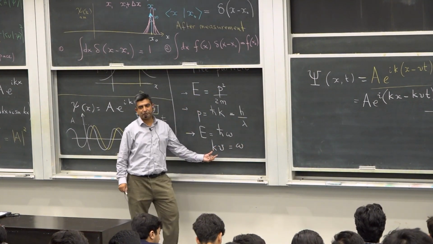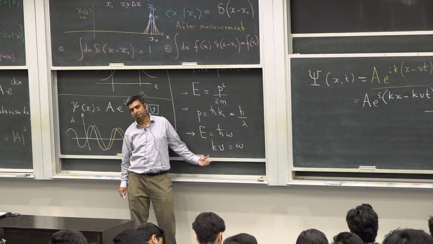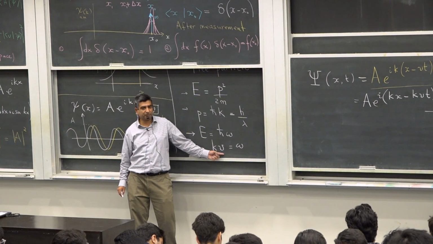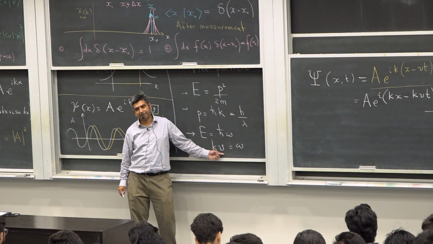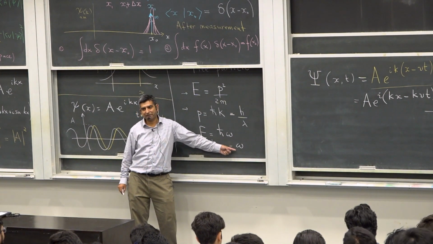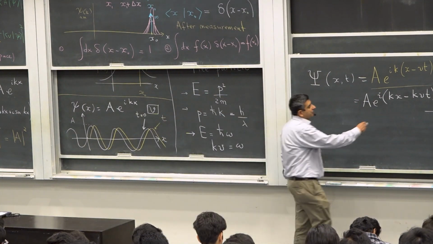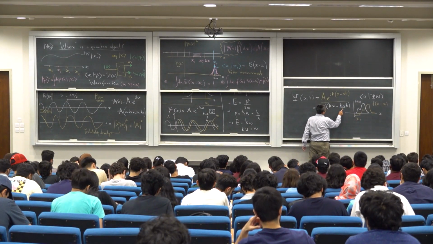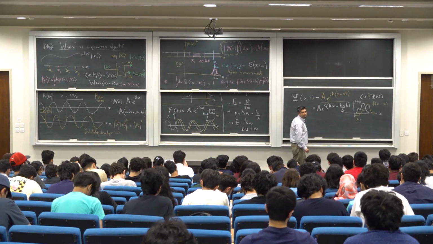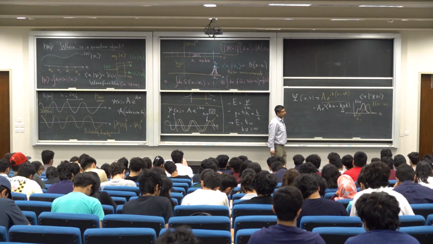So this has units of frequency. 2 pi over lambda times speed is 2 pi over the period, which is called omega. So I can write this thing as omega as well. These are dimensions of frequency, radians per second.